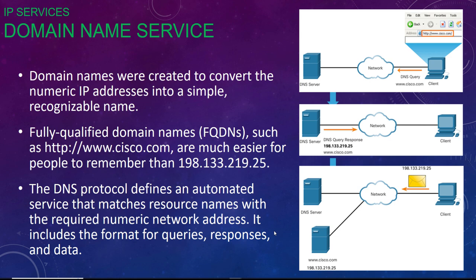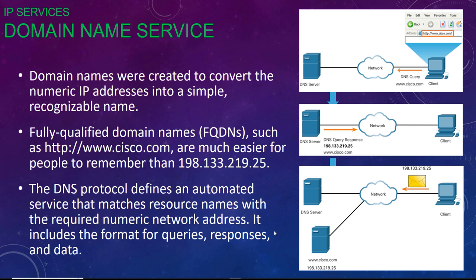Alright, domain names were created to convert numeric IP addresses into simple and recognizable names. So fully qualified domain names such as Cisco.com are much easier for people to remember than a numeric IP address like 198.133.219.25.